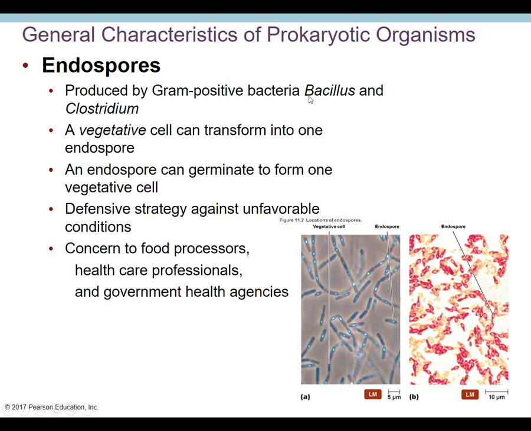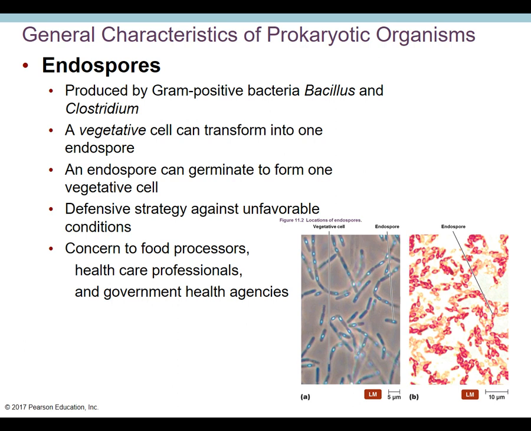Endospores. You need to remember, if you've forgotten, that they are produced by the gram-positive bacteria in the genus Bacillus and the genus Clostridium. A vegetative cell is what we call a regular cell, and in certain conditions, a vegetative cell becomes one endospore.